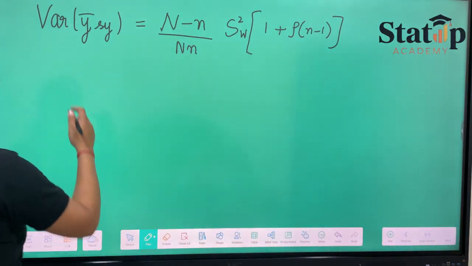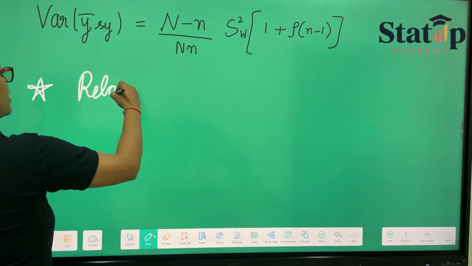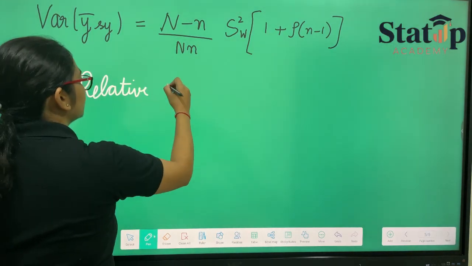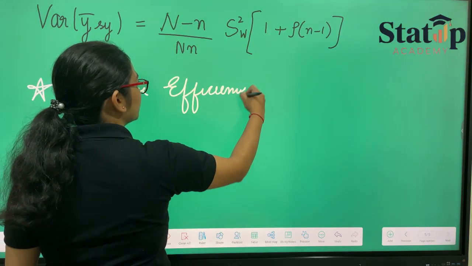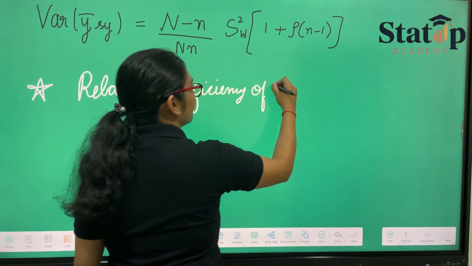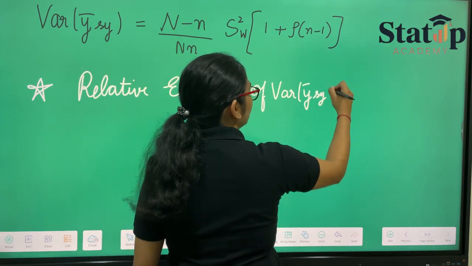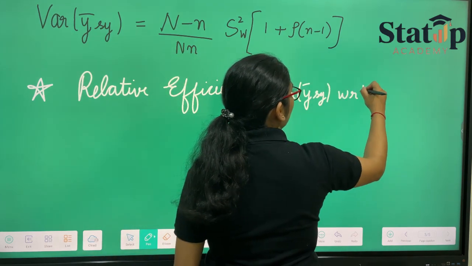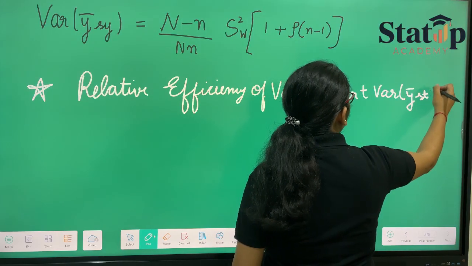So now we will calculate the relative efficiency of variance of y bar systematic with respect to variance of y bar stratified.